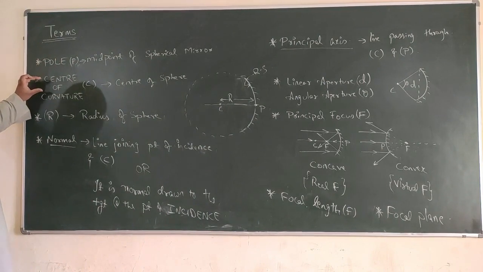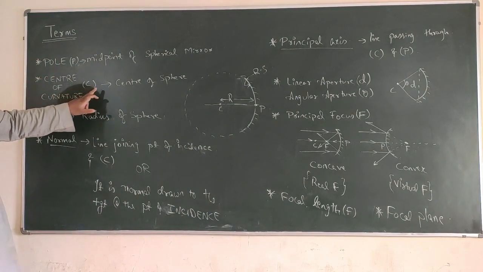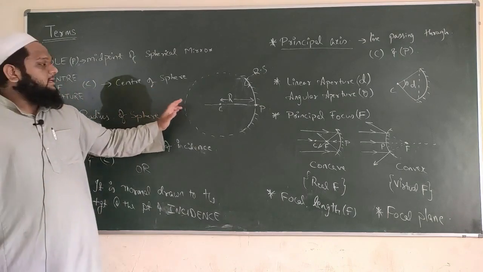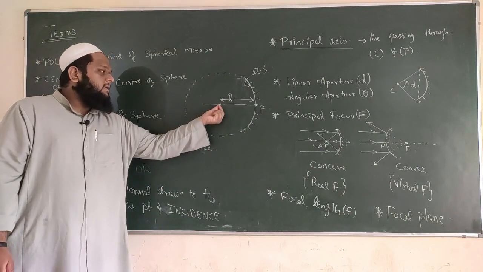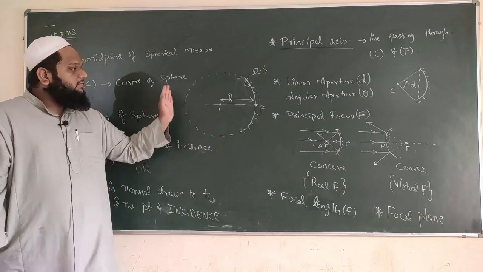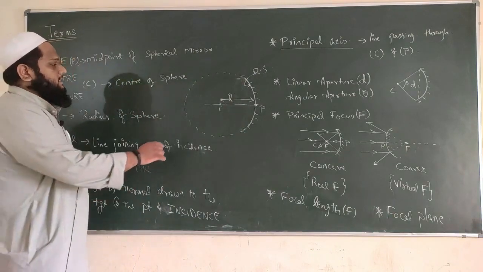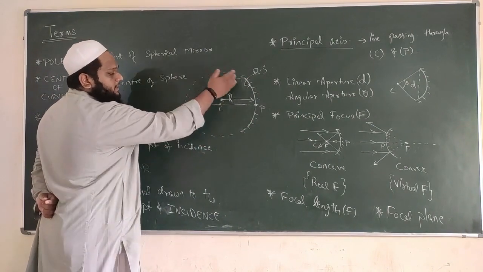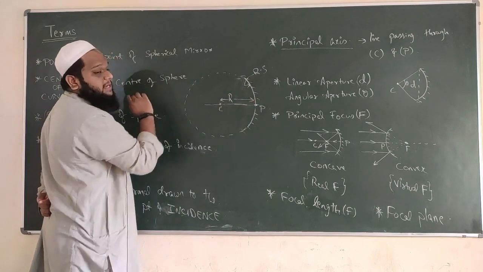Coming to the next term, center of curvature. Center of curvature is represented as C, center of sphere. What is center of curvature? It is the center of the sphere of which the spherical mirror is a part. Meaning, center of curvature is the center of a particular sphere, the sphere of which the spherical mirror is a part.